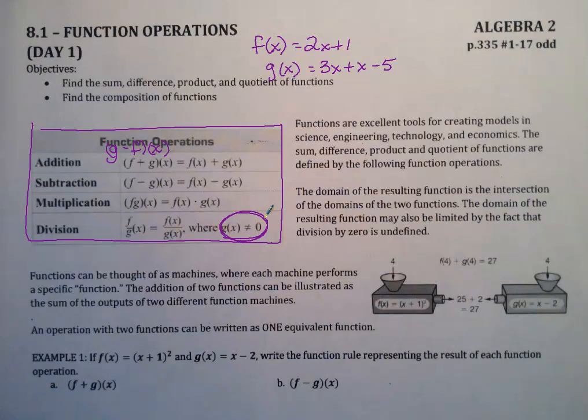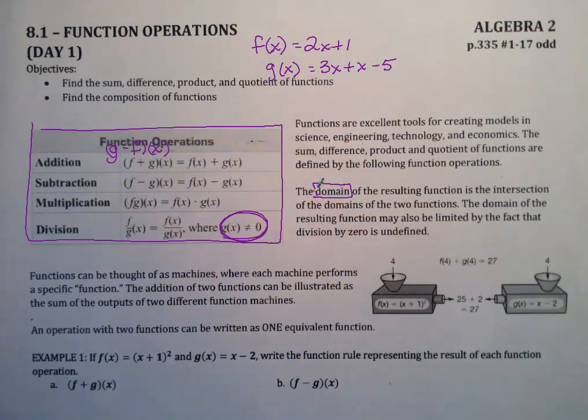Functions are excellent tools for creating models in science, engineering, technology, and economics. So the sum, difference, product, and quotient of functions are defined by those function operations we just looked at. We're going to look at the domain as well in the next few days.